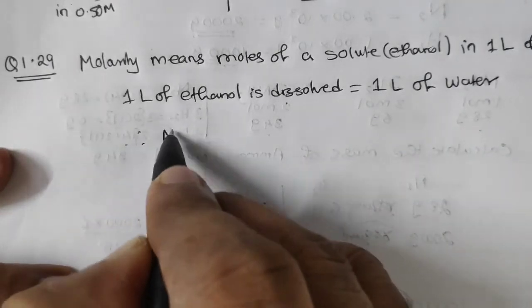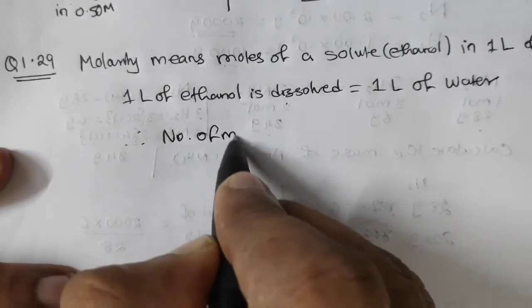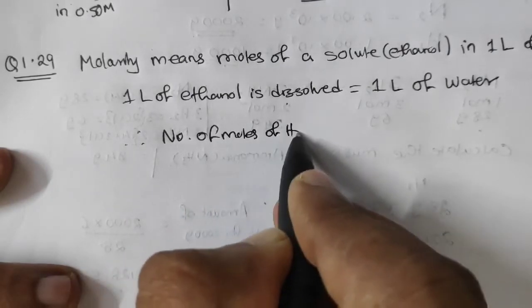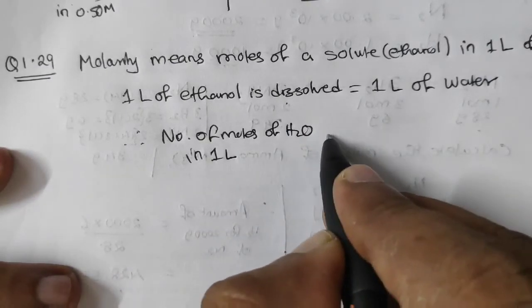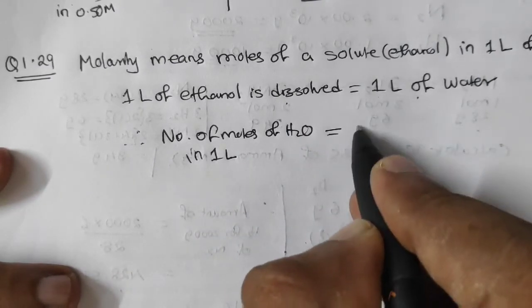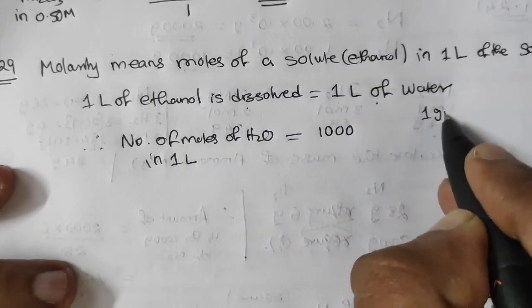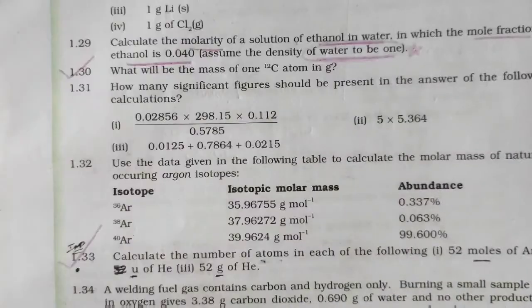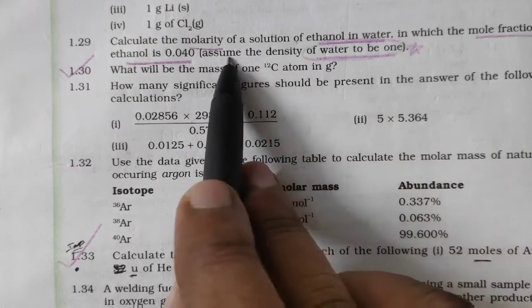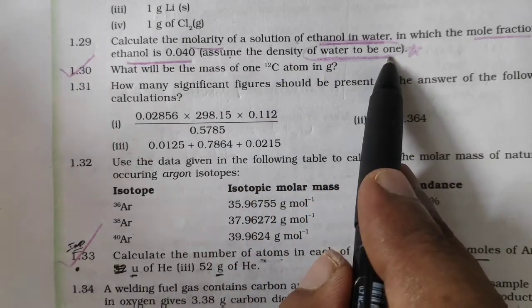So therefore we can say the number of moles of H2O in 1 liter, density was given: 1 gram is equal to 1 ml, because you have seen in the question, assume the density of water to be 1.